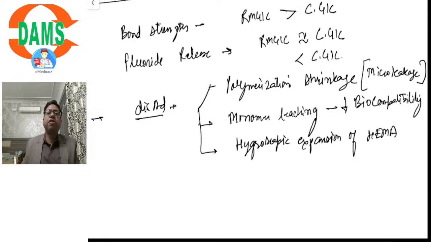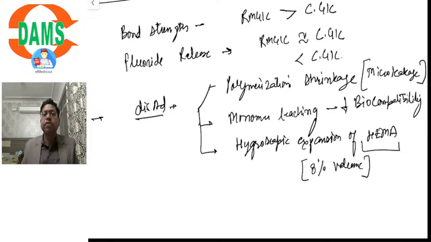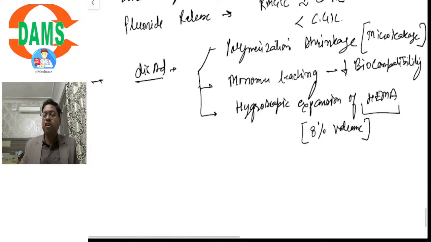So when a resin modified glass ionomer cement containing hydroxyethyl methacrylate comes in contact with saliva, there would be hygroscopic expansion up to 8% by volume. This hygroscopic expansion can cause fracture of thin tooth structure. Okay, these are the potential disadvantages.